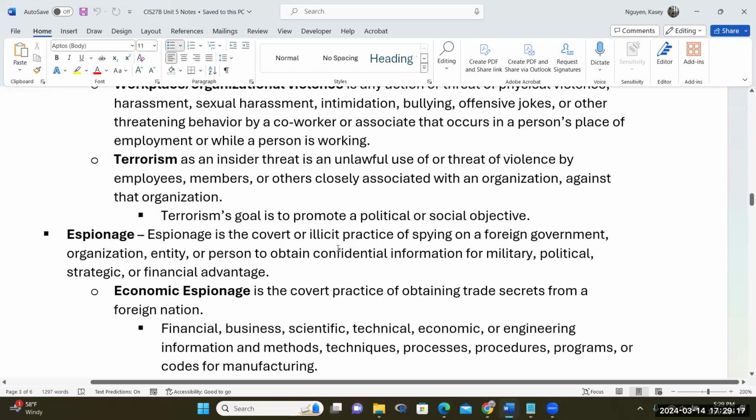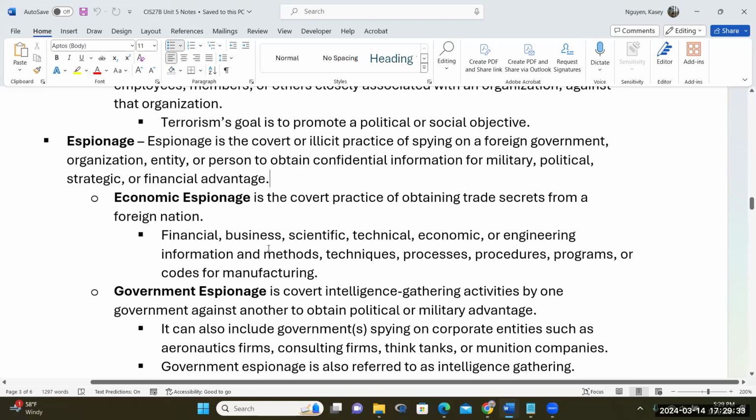And then espionage, this is the covert practice of spying or seeking a certain type of confidential information, with military, political strategy, or financial advantage for financial gain. And it breaks down into two areas, economic and government, right? Economic is the covert practice to obtain trade secrets from a foreign nation.